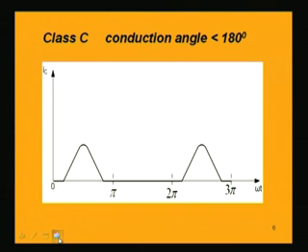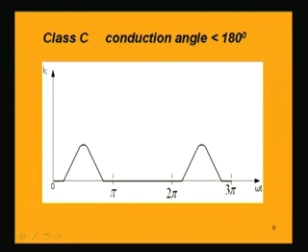So, in this class C type of power amplifier, the conduction angle is even less than 180 degrees, that means it is even less than the class B type. So, here we can see that the collector current which is flowing is not even 180 degrees or pi.